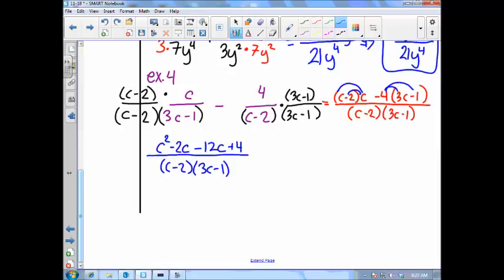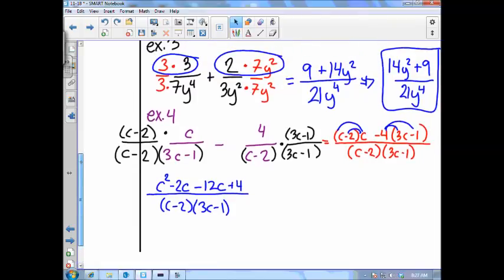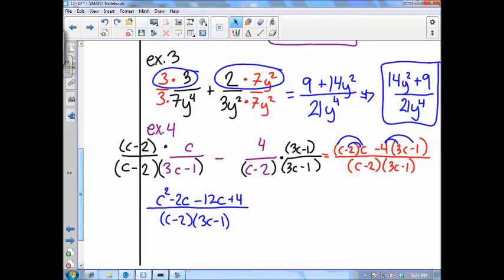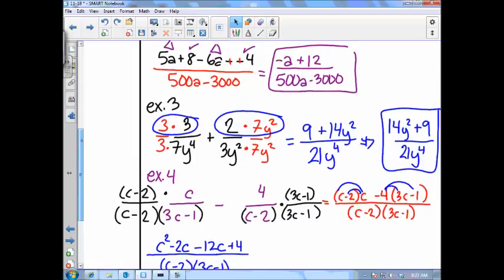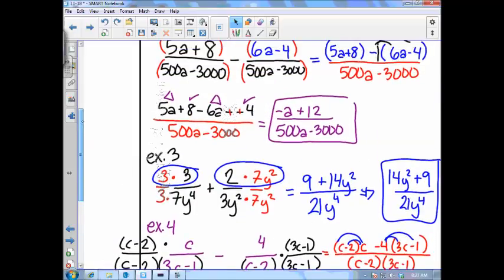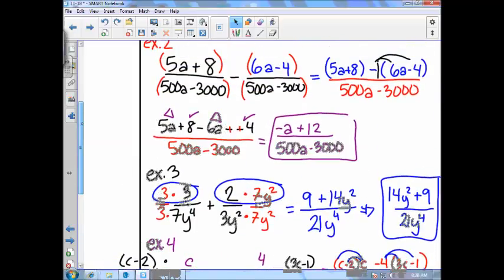Aiden, what would we do now? What did we do as the last step on the problem before? Well, that one's not a great example. Maybe example 2. Here it is. Okay, we distributed the negative 1 in, and then what did we do with the numerator?